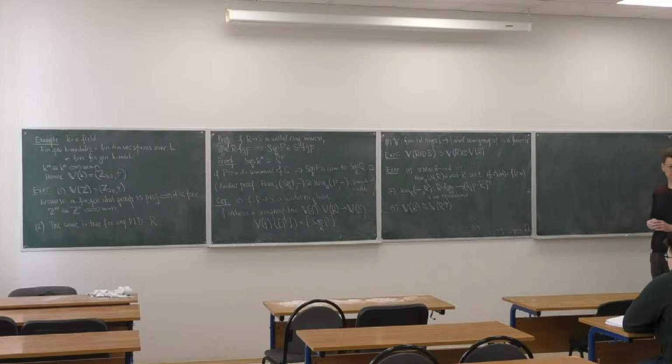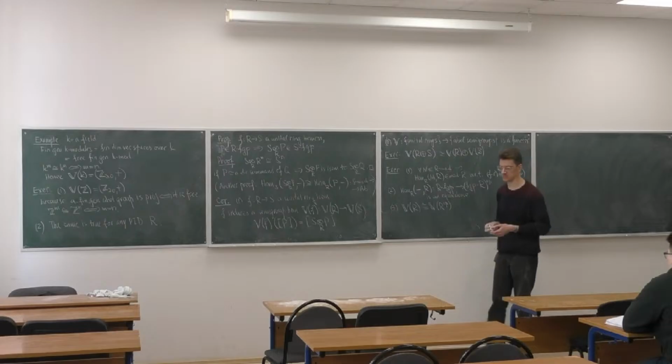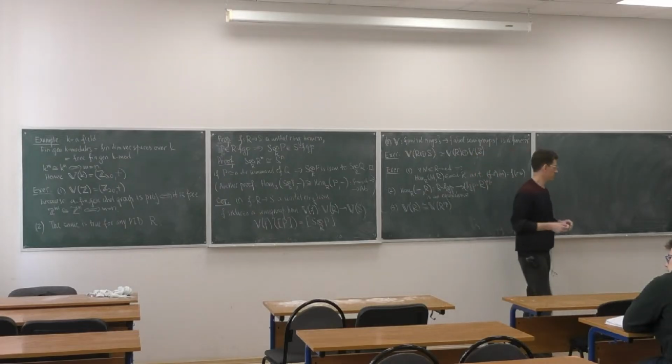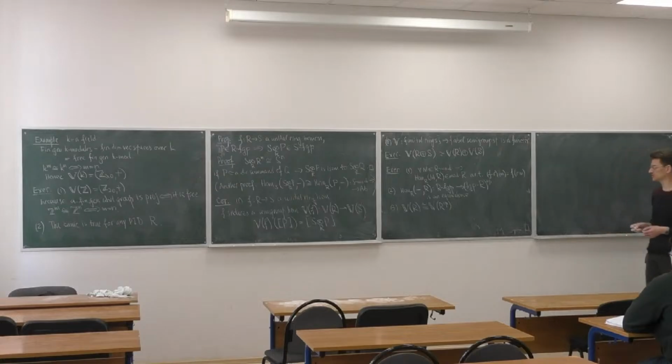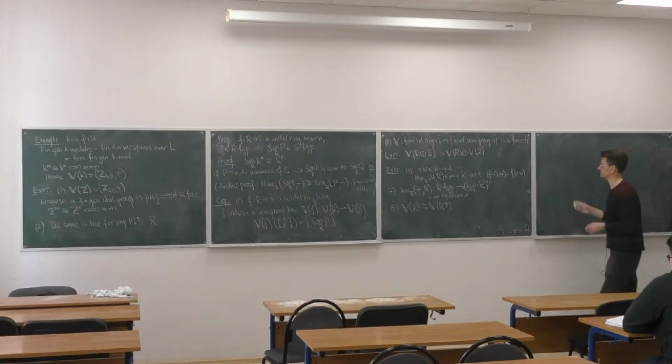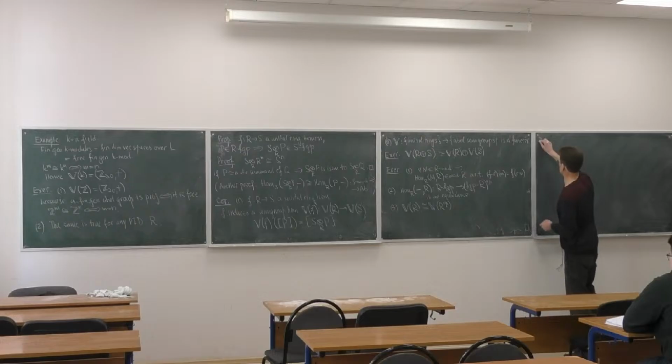In fact, the respective construction makes sense for any abelian semigroup, and it is called the group completion or the Grothendieck group. So let's give the respective definition.